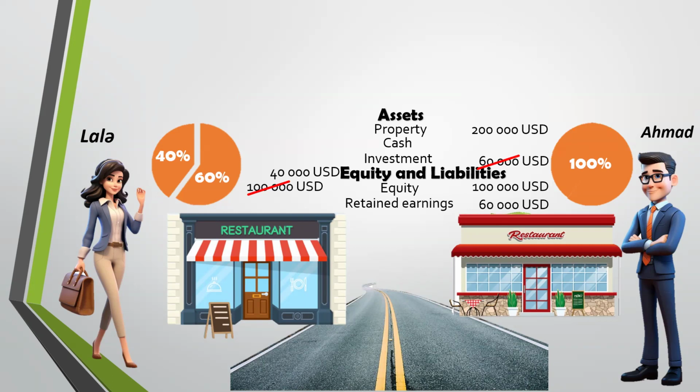In simple terms, if Ahmed manages the restaurant and makes a profit as a result, can he withdraw all money by himself? No, because Lala still owns 40% of the restaurant and 40% of the profit belongs to her. For this reason, the remaining part will appear in the balance sheet as a share that Ahmed cannot control. In other words, non-controlling interest.